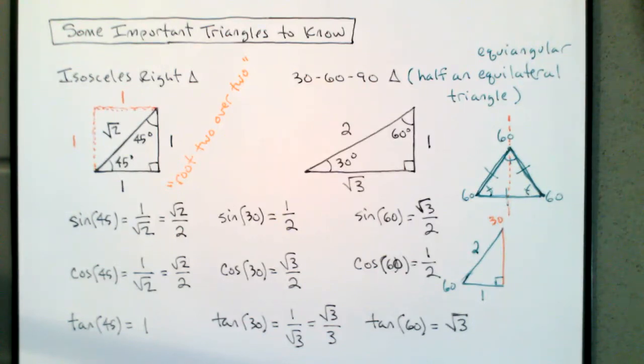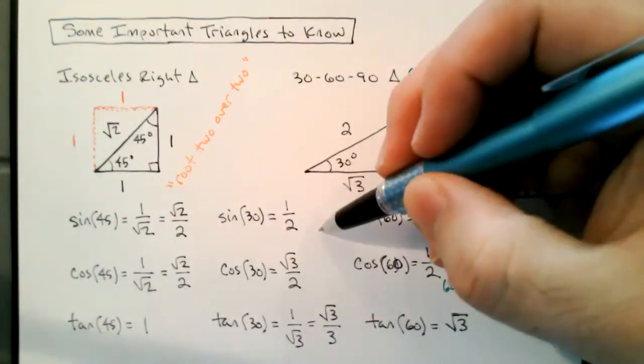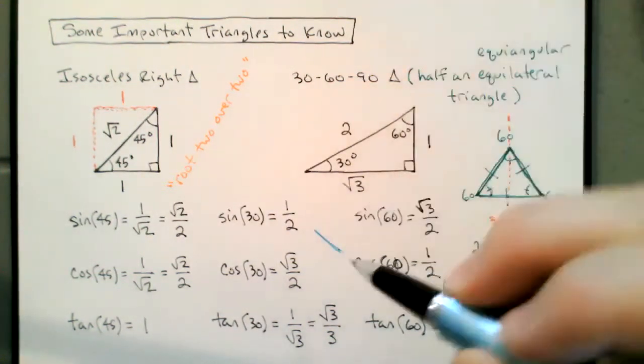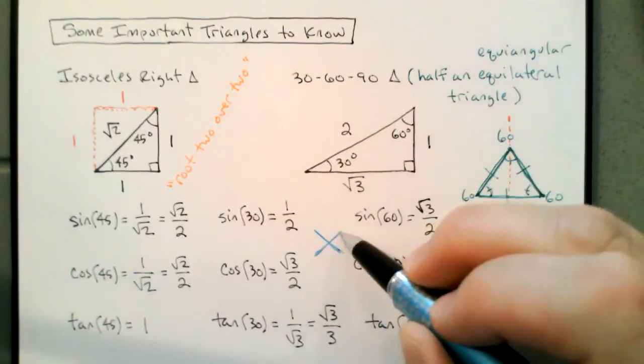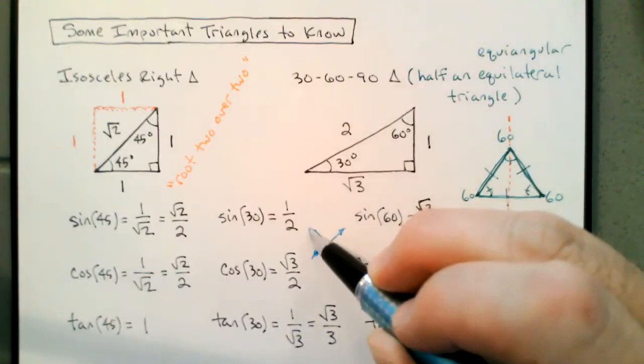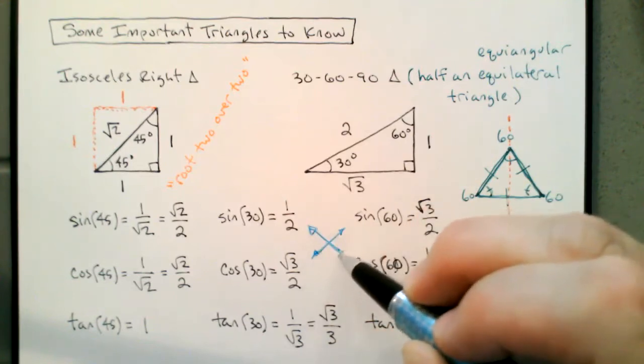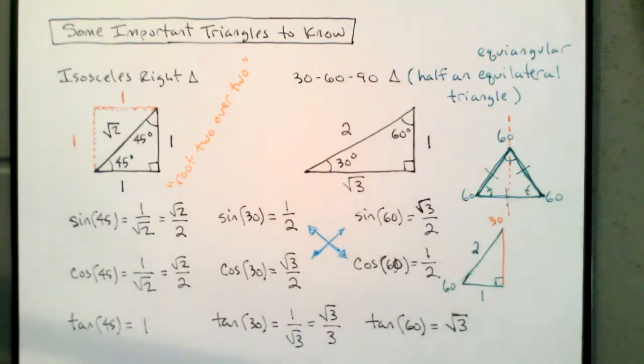So we just want to put together a bunch of things that we can remember. So we can notice this complement thing. That's maybe something that will help us remember these values.